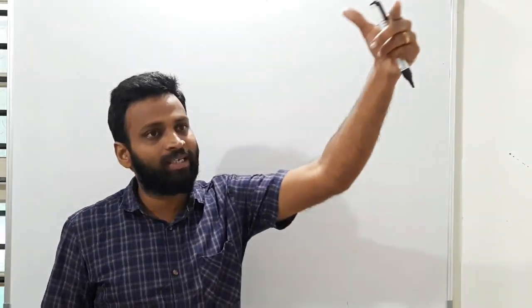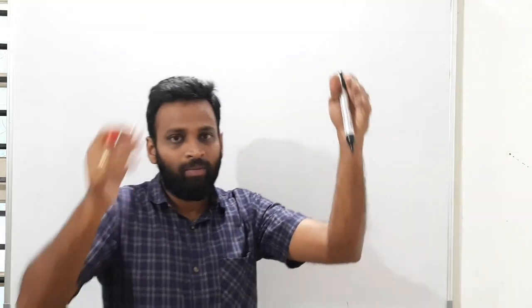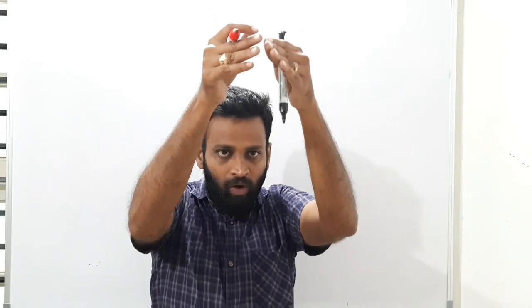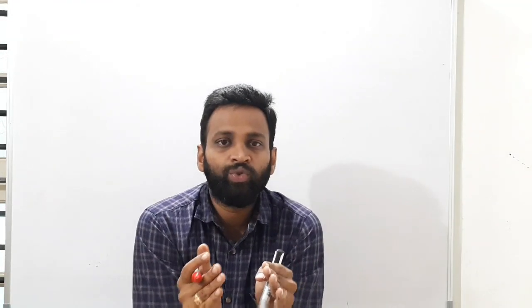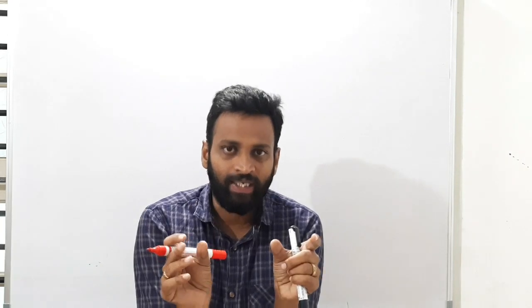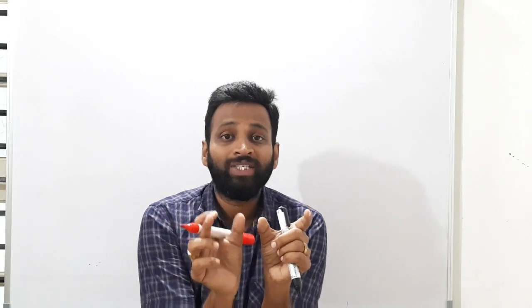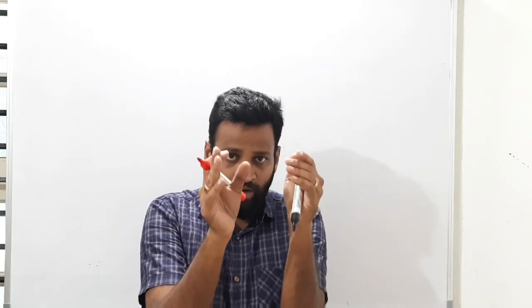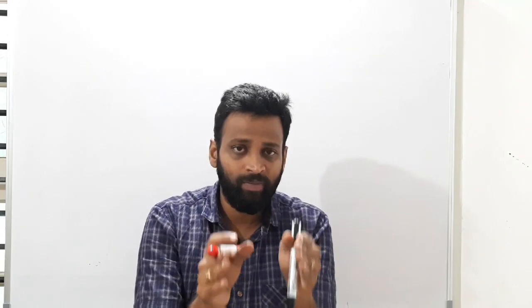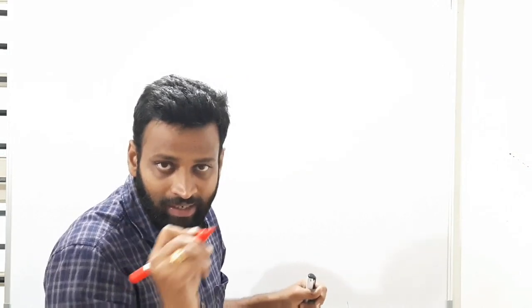Gaseous atoms originally are gases, but on cooling or on applying some pressure, they convert into solid state. In solid state, they have a closest approach. In that closest approach, half of the internuclear distance between two atoms in different molecules is called the Van der Waals radius. That I will write first.